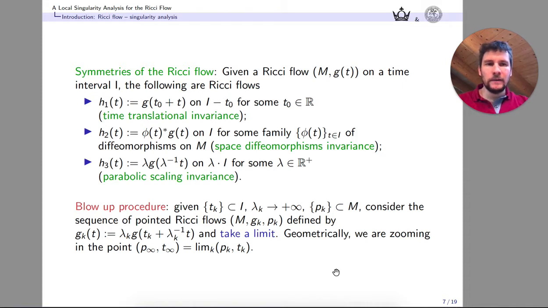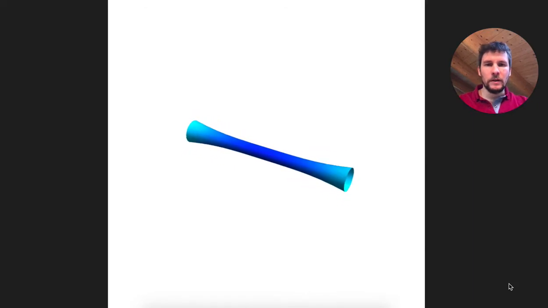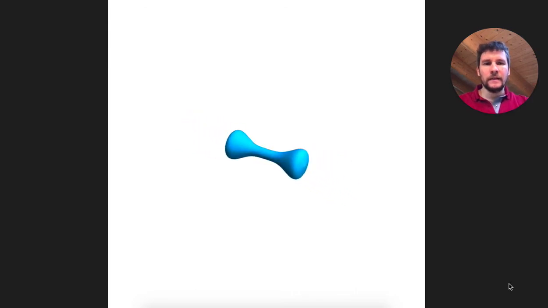So geometrically what this corresponds to is we zoom in to a certain point, pk, or we zoom in to some singularity which happens at the limit of these points, pk, tk. Okay? And let's look also at the picture of this. Okay, here we have our neck pinch solution, and what we do is we blow up in such a way that the neck in the center has a fixed size.